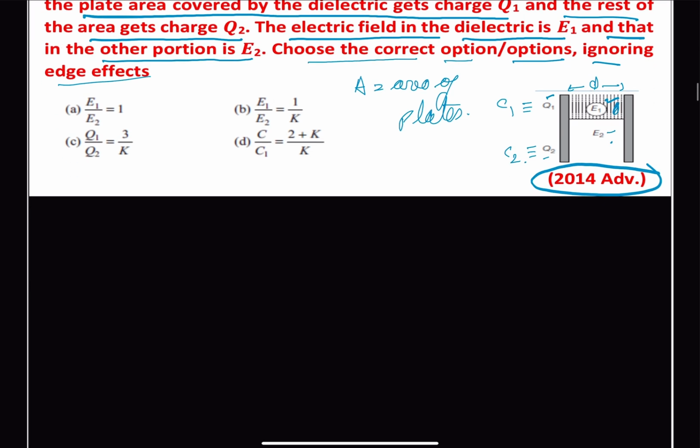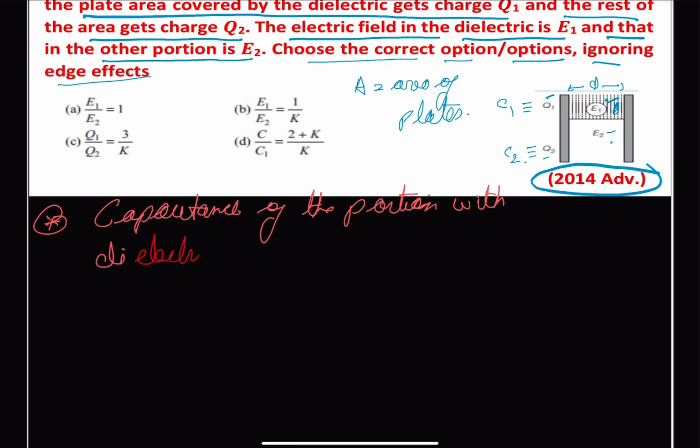So first we are going to find out our C1. So we say capacitance of the portion with dielectric, let us suppose that is C1, which will be equal to K epsilon naught A1 upon D, and for the other portion the area is A2.